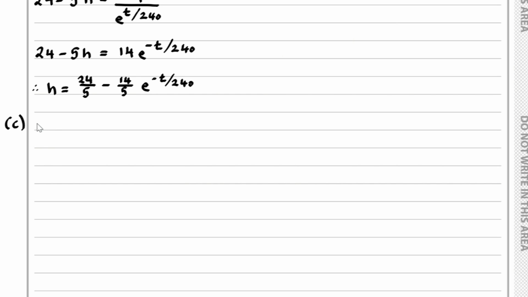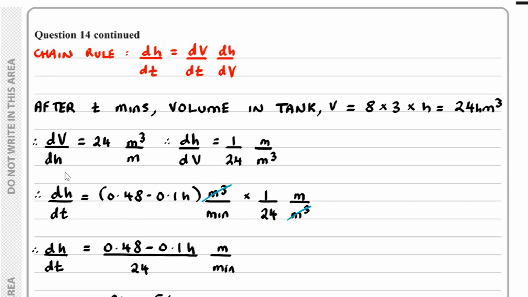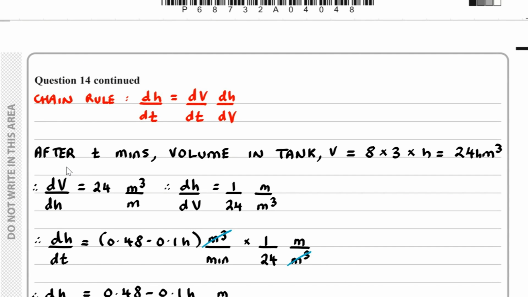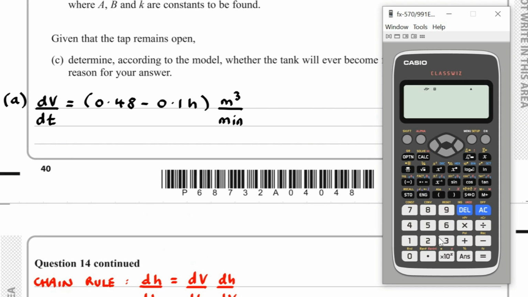Now here, when h is greater than 24 over 5, if we take a look at what dV over dt is like, let's just substitute any value greater than 24 over 5.